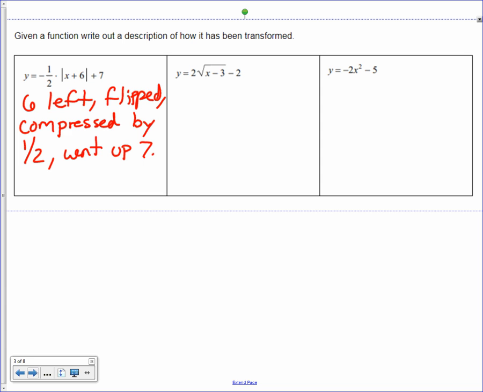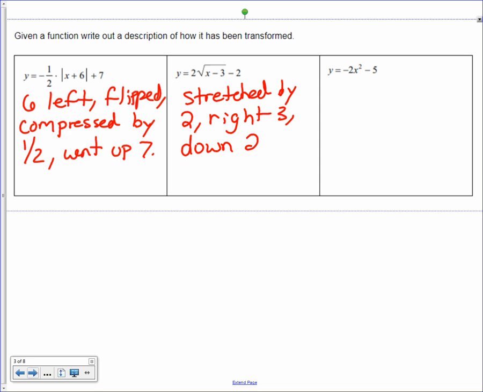For the second one, it was stretched by 2. It moved right 3 and down 2. And then the last one, it was flipped, stretched by 2 and down 5.